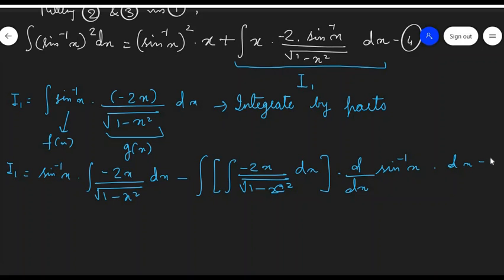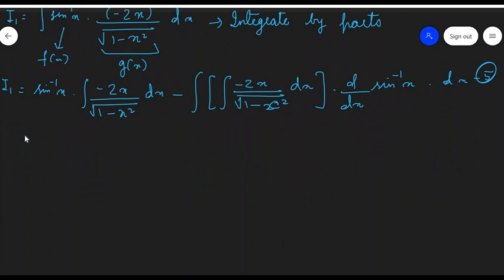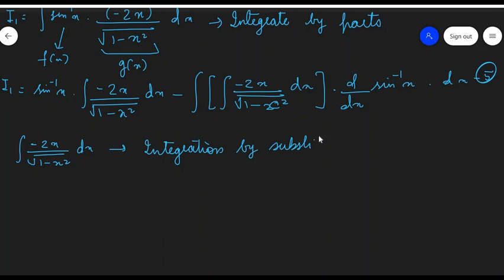So let's call this equation 5. Now to calculate the integration of minus 2x upon square root of 1 minus x square, I am going to use another method of integration, which is integration by substitution.